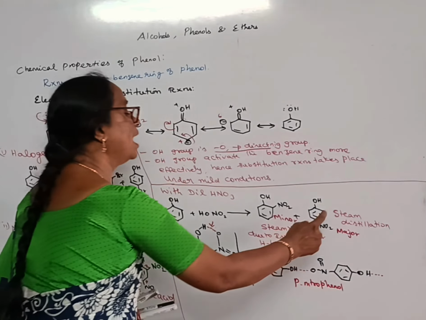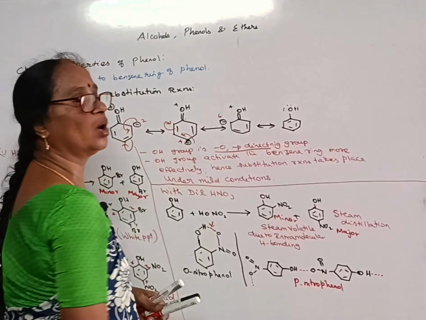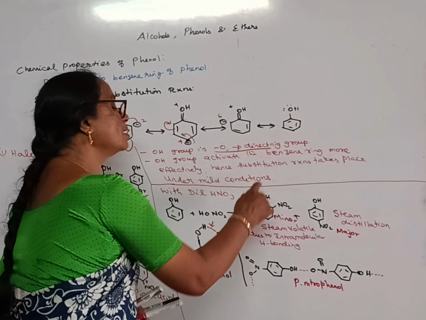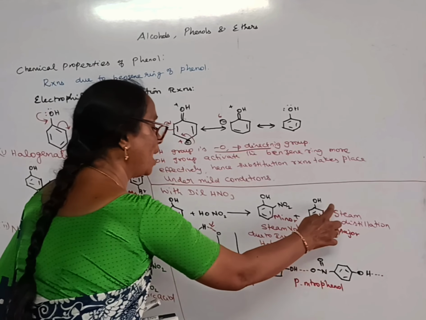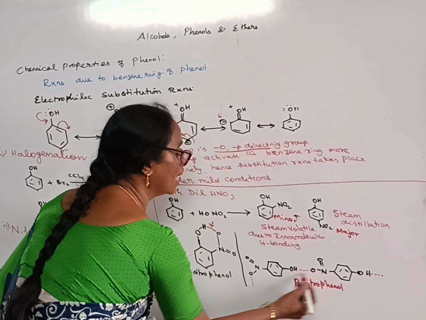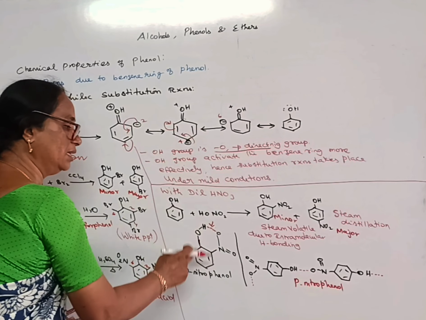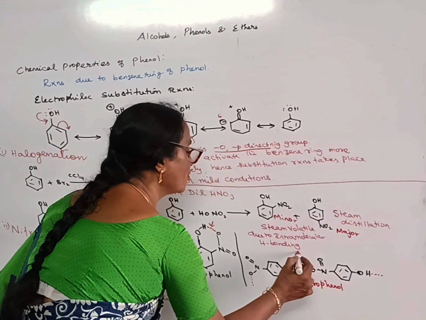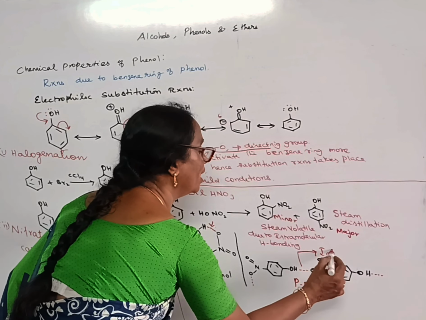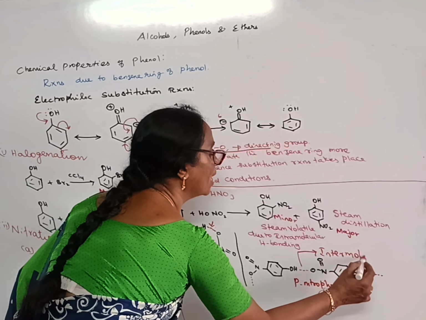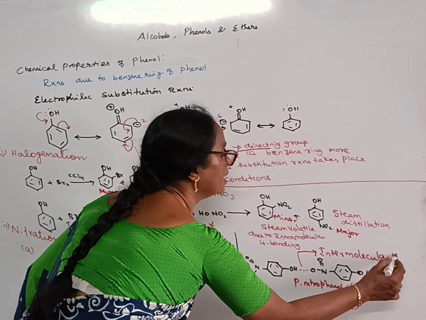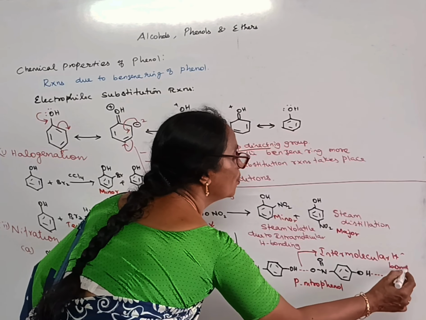That's why paranitrophenol has a higher boiling point compared to orthonitrophenol. In paranitrophenol, we may find the hydrogen bond exists between the molecules, but here within the molecule. So such type of hydrogen bonding is said to be intermolecular hydrogen bonding, and hence it has a high boiling point compared to orthonitrophenol.